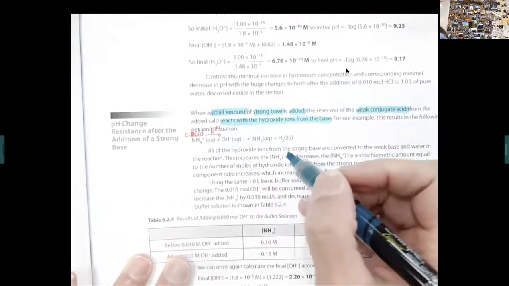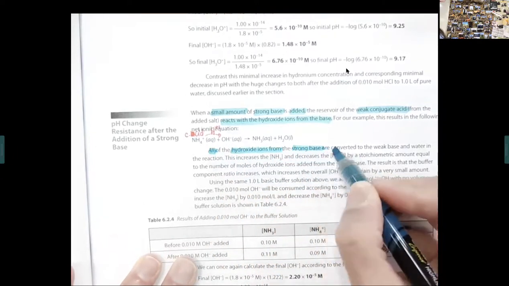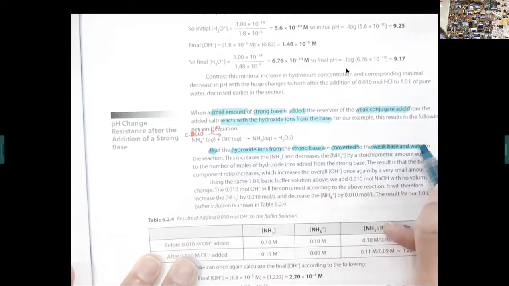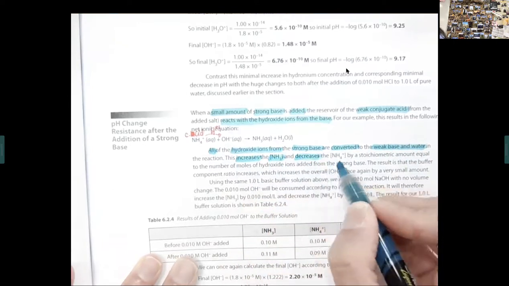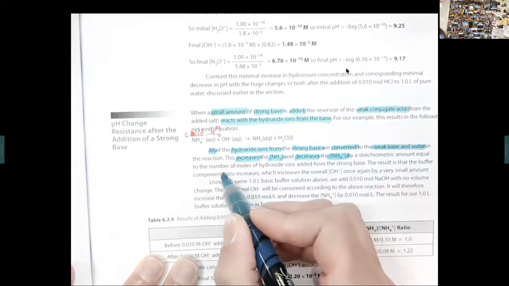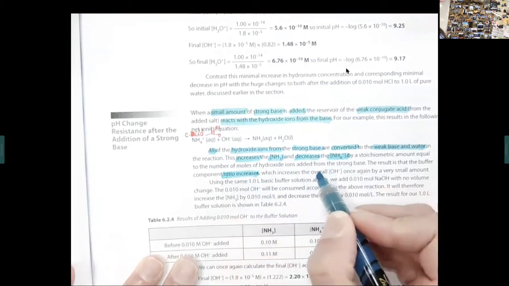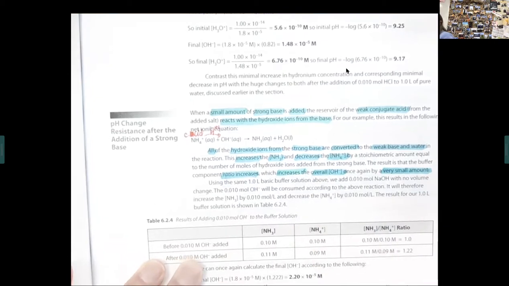So what happens here is that all of the hydroxide ions from the strong base will be converted to the weak base and water. This will increase the ammonia concentration and decrease the ammonium ion concentration. The result is, as the ratio increases, the overall hydroxide ion concentration will increase by a very small amount.